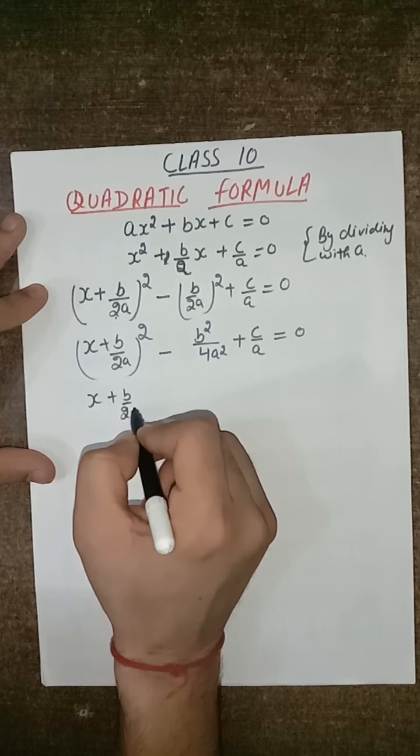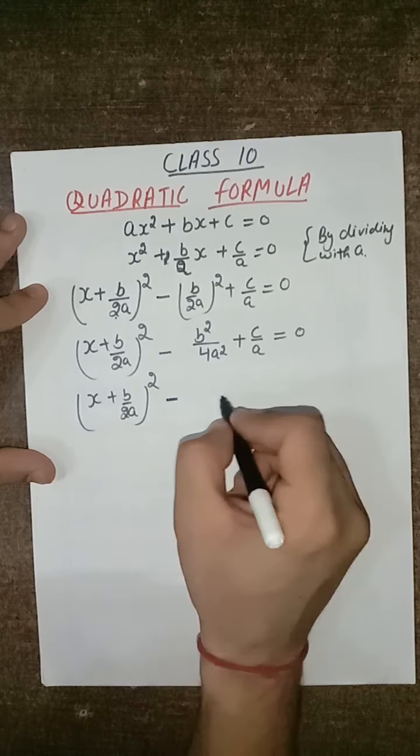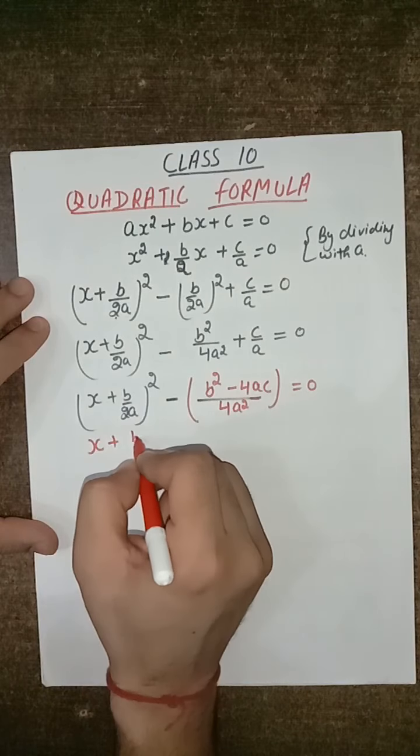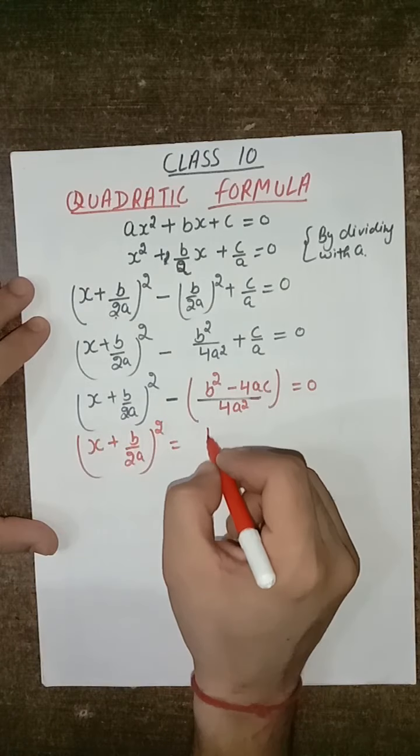Again, x plus b divided by 2a whole square minus, LCM 4a square, and this will convert into b square minus 4ac. If I take minus common, this will become b square minus 4ac equals 0. And now x plus b divided by 2a whole square equals, this will become positive, b square minus 4ac divided by 4a square.